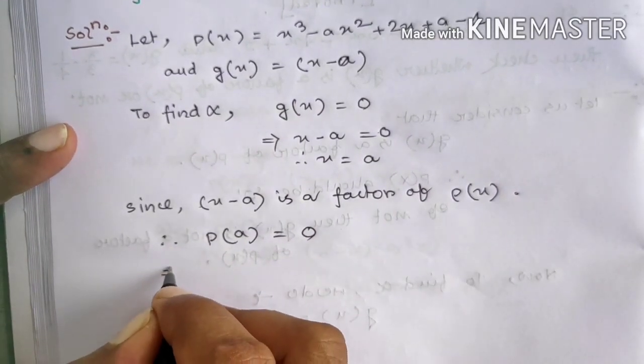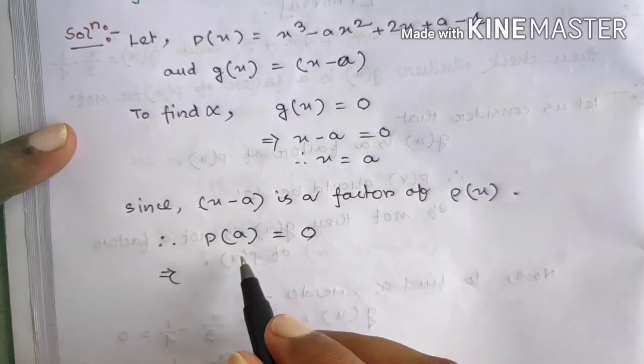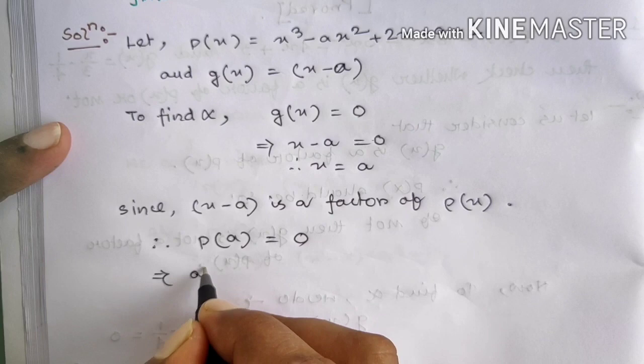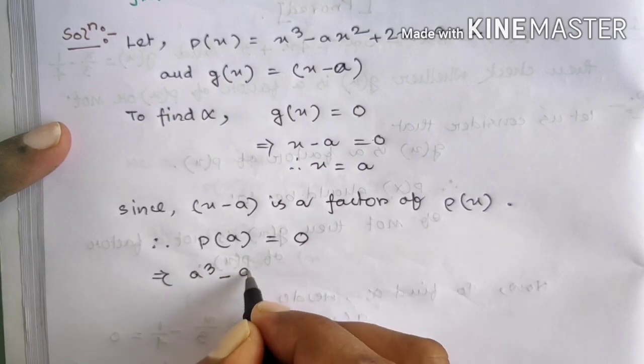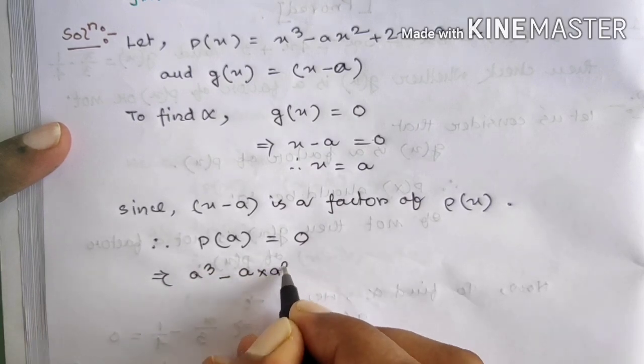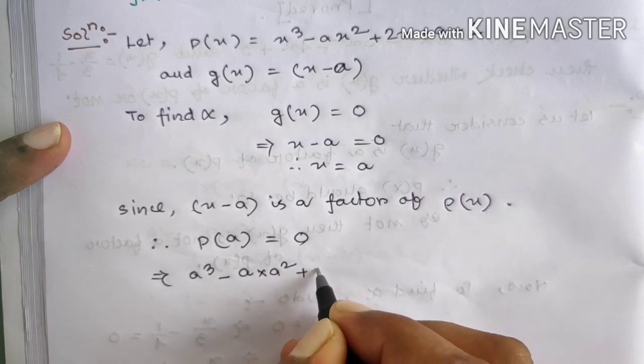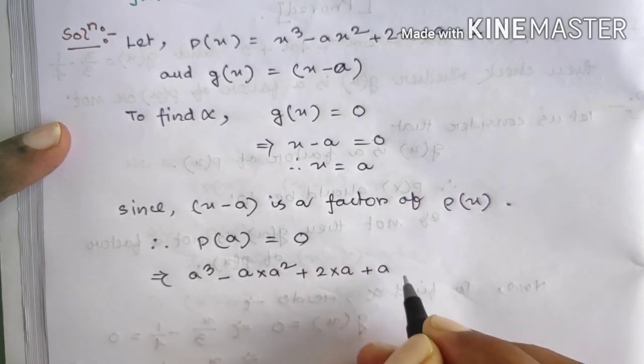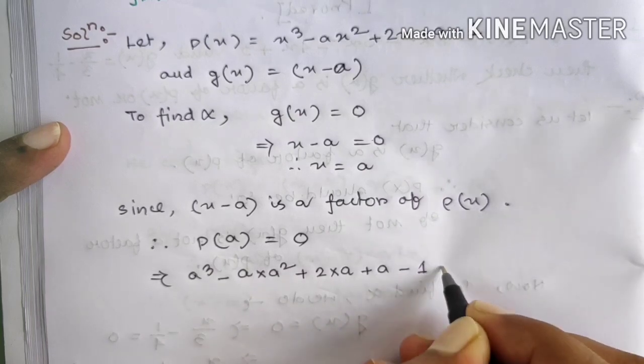Now, putting the value of a in the p of x, we get a cube minus a into a square plus 2 into a plus a minus 1 equal to 0.